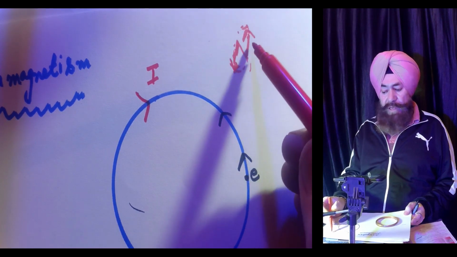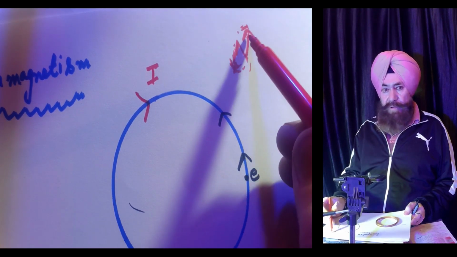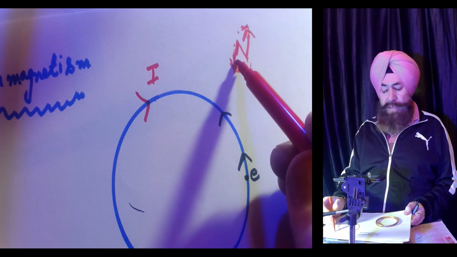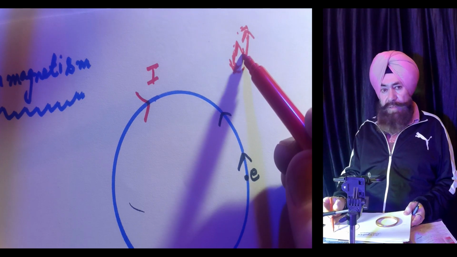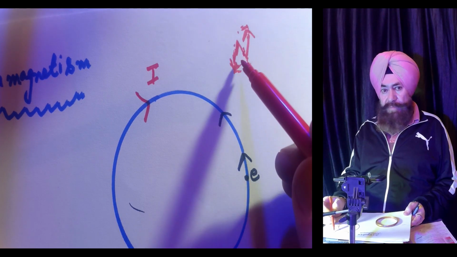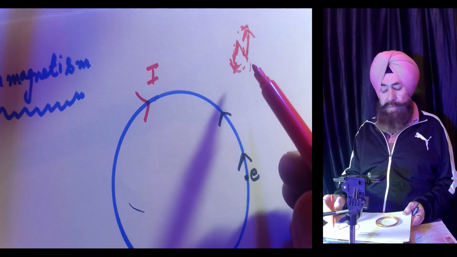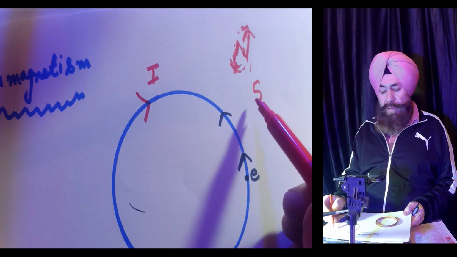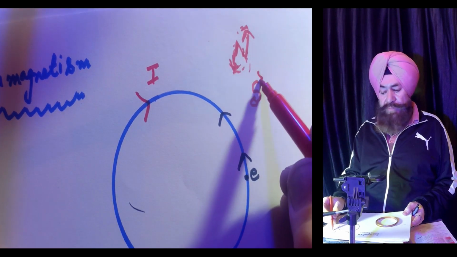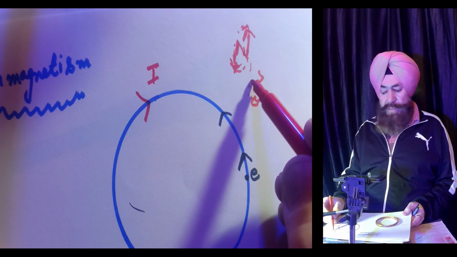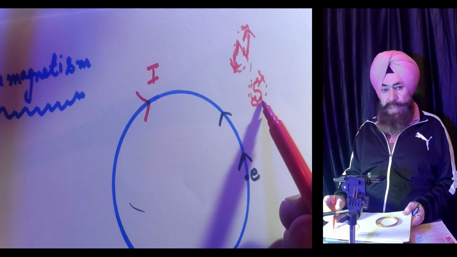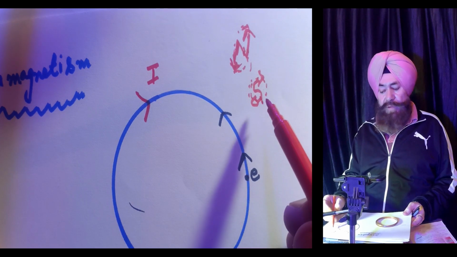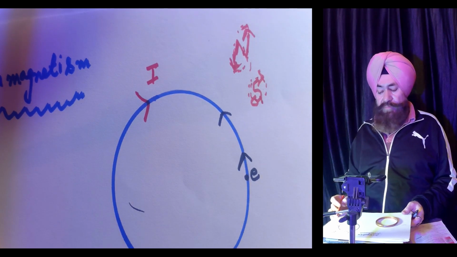So anti-clockwise circulation behaves like a North Pole, and clockwise circulation behaves like a South Pole.